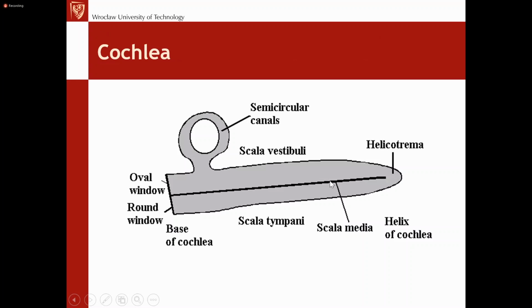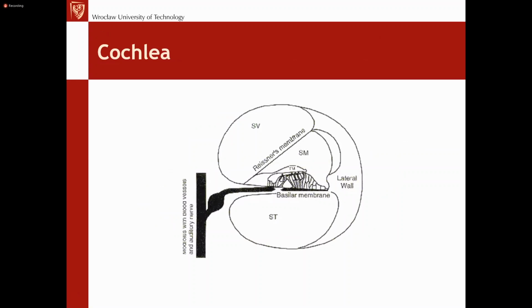And in a schematic view, we can see it as in this picture. We have the scala vestibuli, scala tympani, scala media, and there is a basilar membrane here.